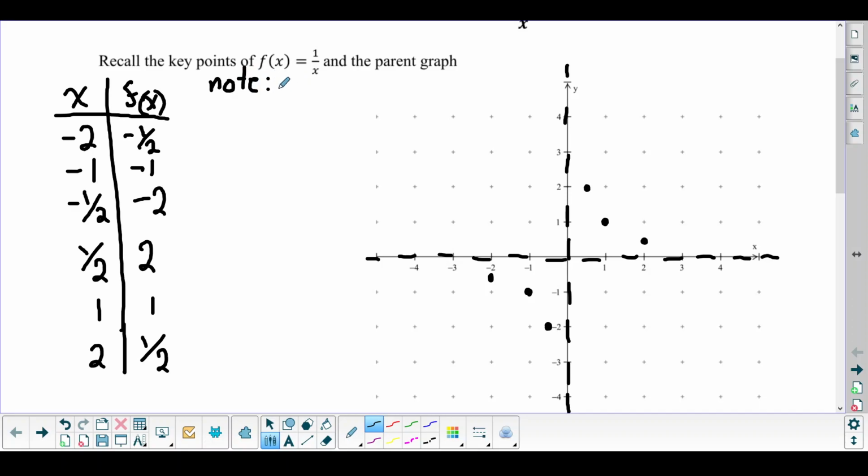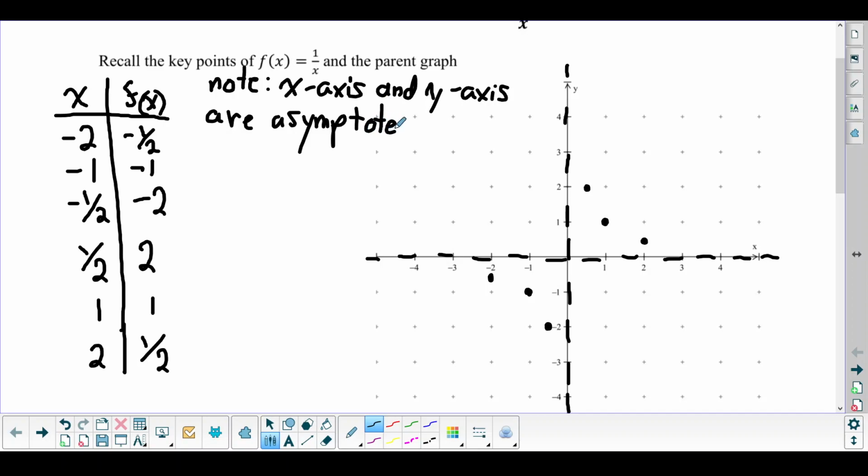Note the x-axis and y-axis are asymptotes. Asymptotes. Probably the best word in grade 11 math. All right, so they are asymptotes.